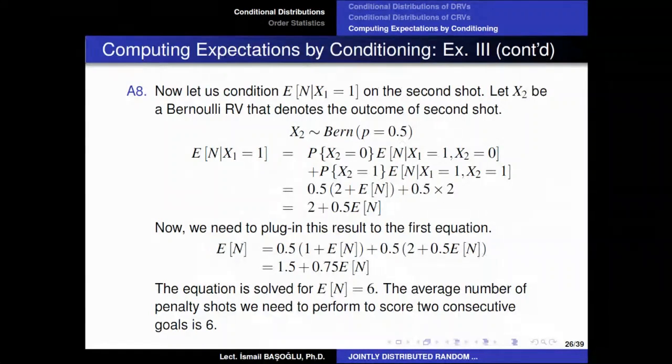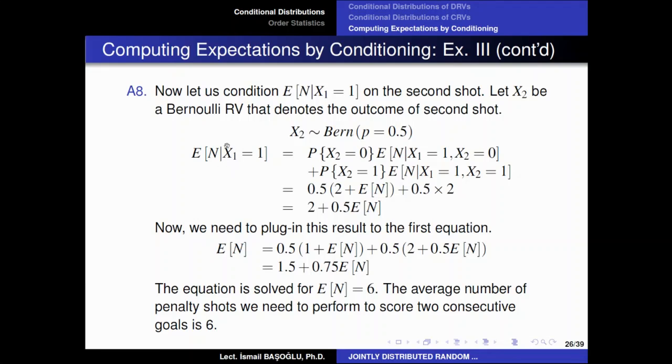The expected value of n, given that x1 is equal to 1, is going to be expanded by conditioning it on the second random variable. We are just going to say the probability of x2 being equal to 0 times the conditional expectation of n, given that x1 is equal to 1 and x2 is equal to 0.